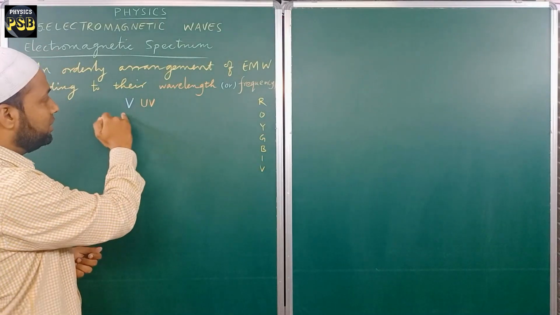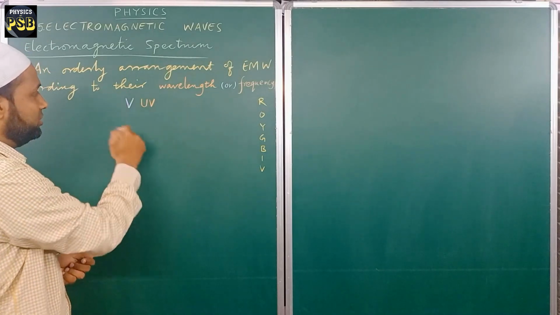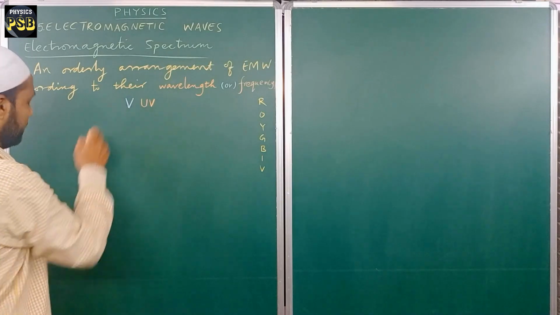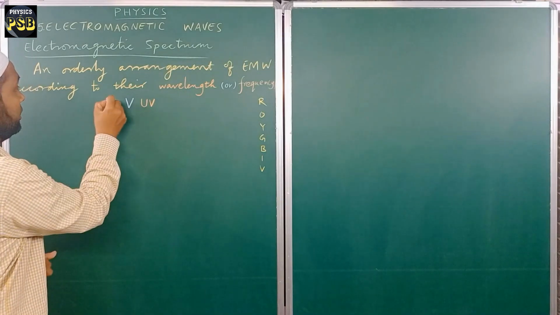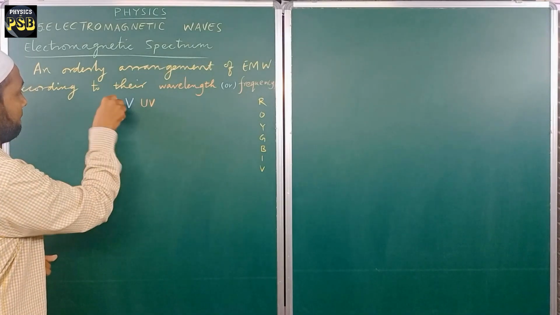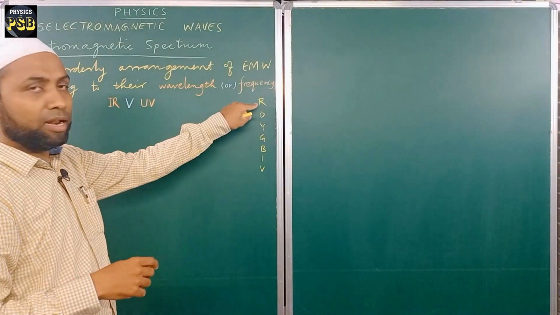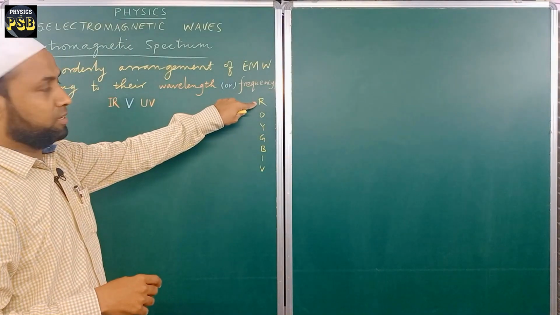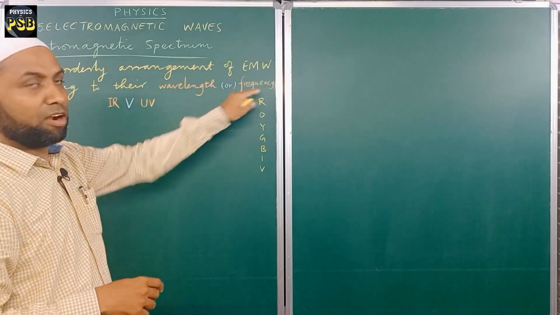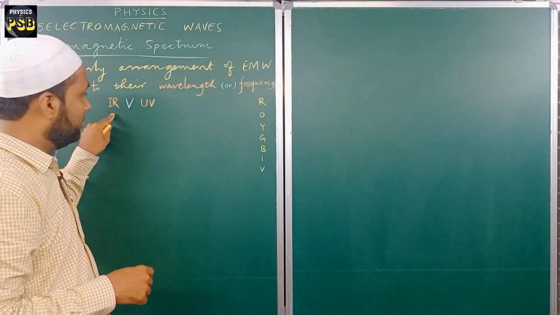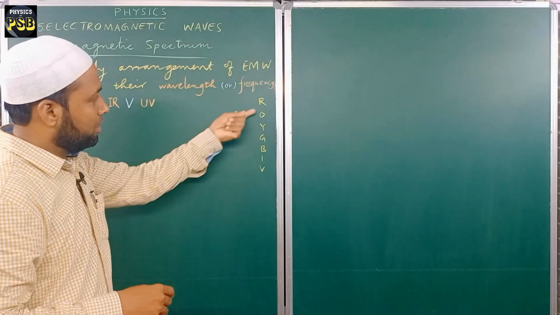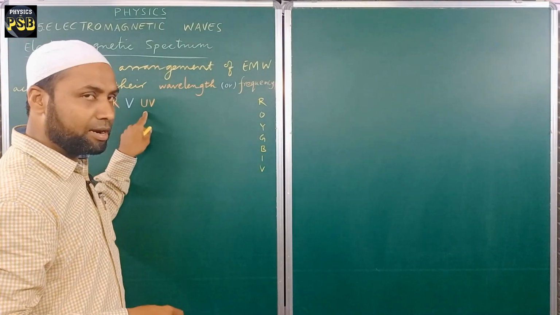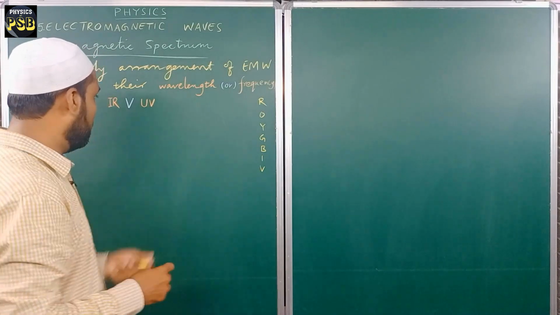It is written beside the visible region. And before the visible region, we write infrared, IR. Here the beginning is the red, so beyond that, infrared is present. And after violet, ultraviolet is present. That's why we get this order.